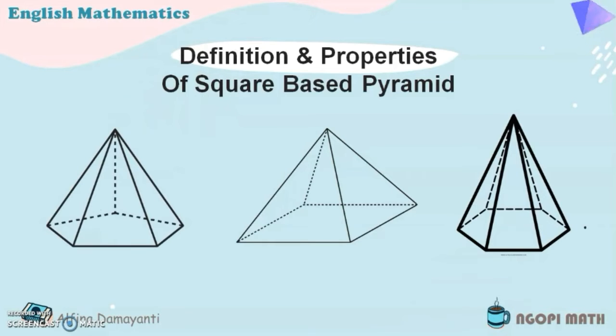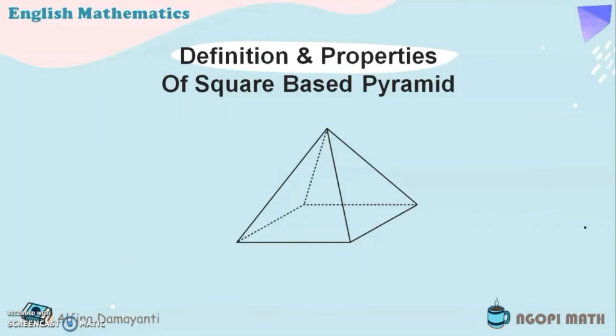From this information, it can be concluded that not all pyramids are square pyramids. All pyramids are named after their base. So, a square pyramid is a pyramid with a square base and 4 triangle sides, 5 vertices, and 8 edges.